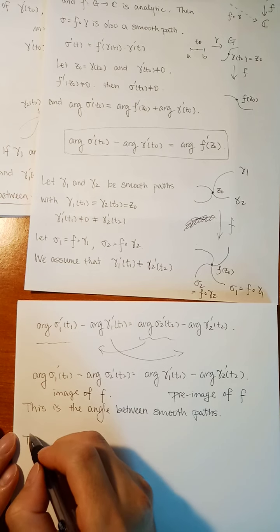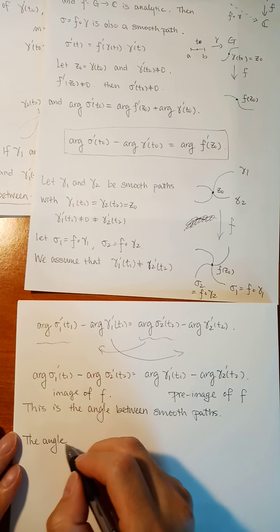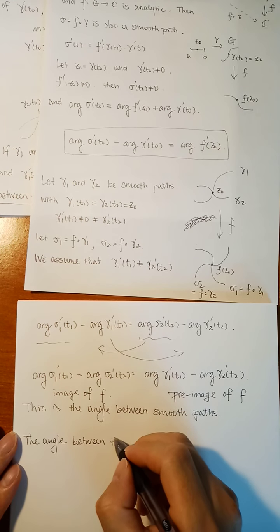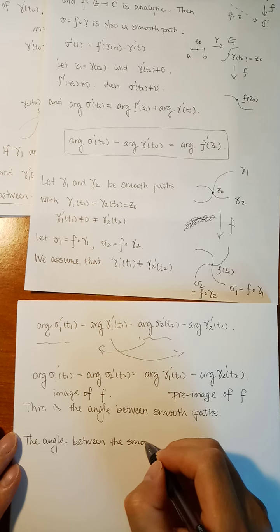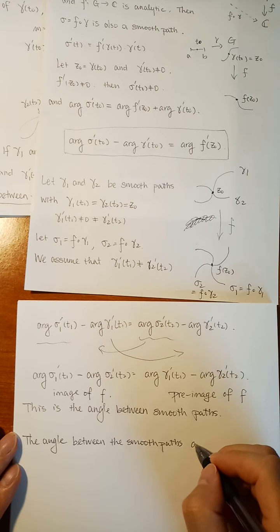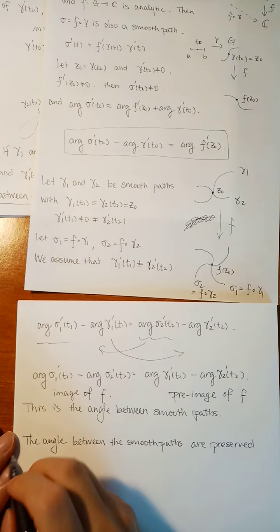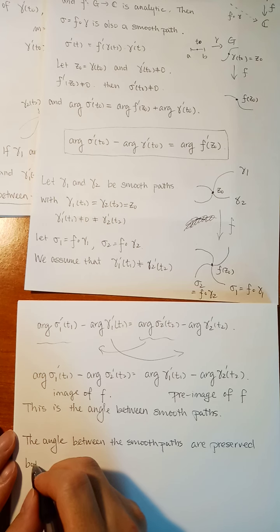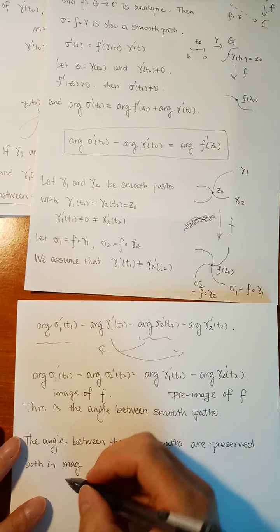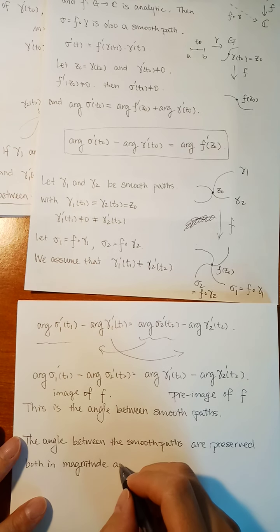So the angles between the curves, between the smooth paths, are preserved both in magnitude and direction.